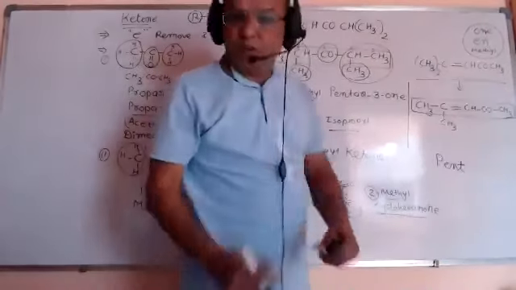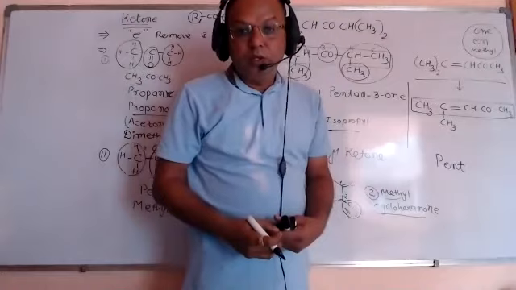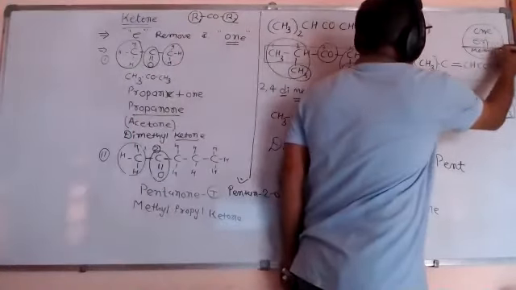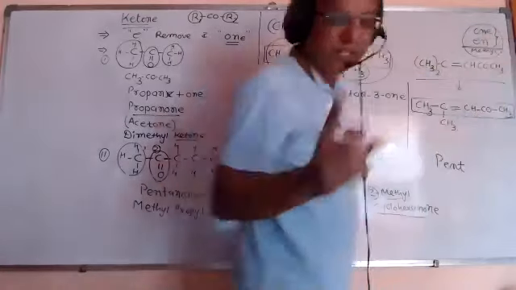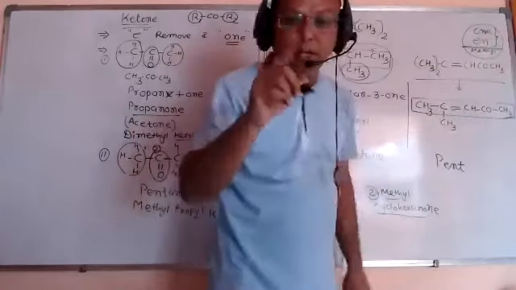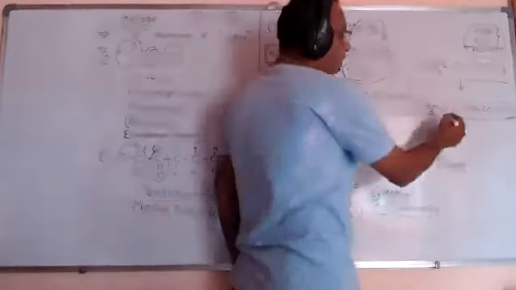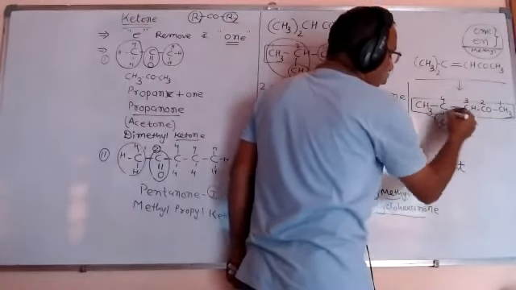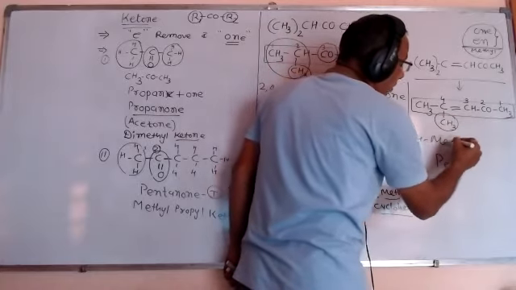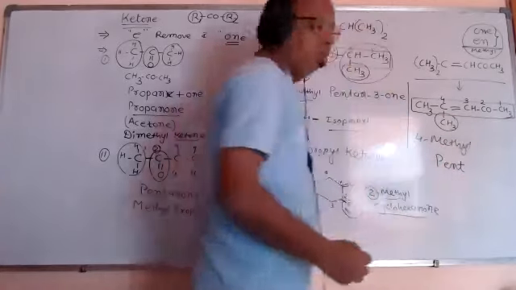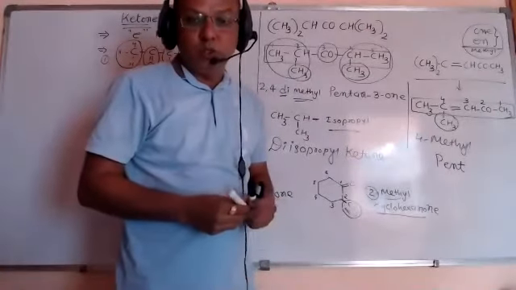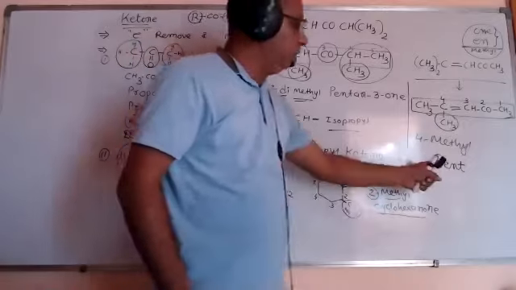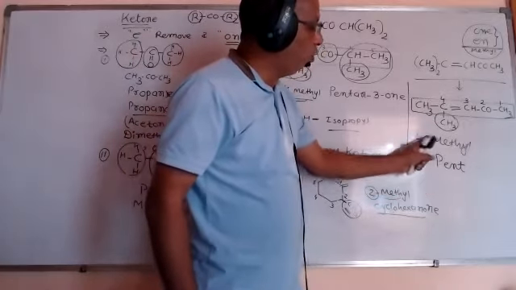Once again, friends, two out of these three, the first two, are used as suffix and methyl is written as a prefix. So methyl is present on the fourth carbon. So we should write here 4-methyl, as it is used as a prefix, and then pent: 4-methylpent.